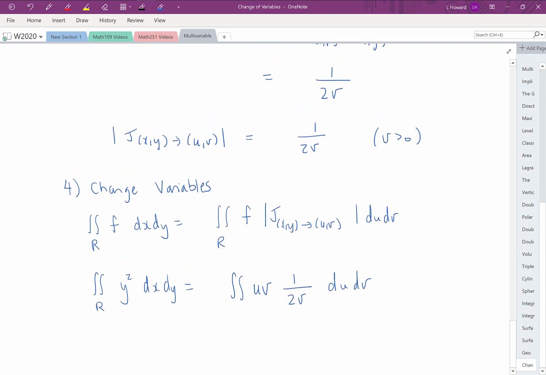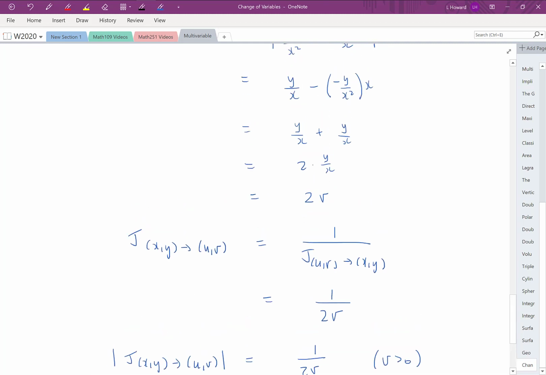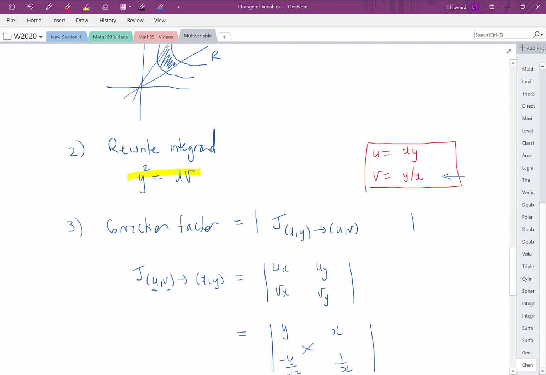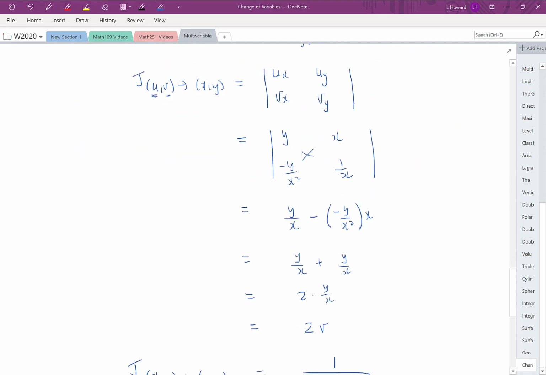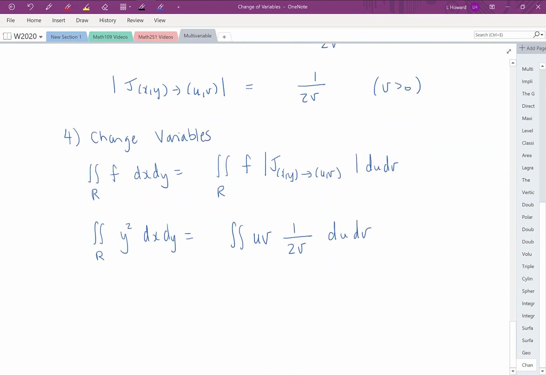And then we can just look back at step 1 to see what the range of u and v values were. So step 1, let's see, we said u values were going to range between 2 and 3, whereas our v values were going to range between 1 and 4. So we can throw those limits of integration onto the appropriate integrals. So du tells us that u is going to belong to the inside integral, with u values going from 2 to 3, and v values going from 1 to 4.